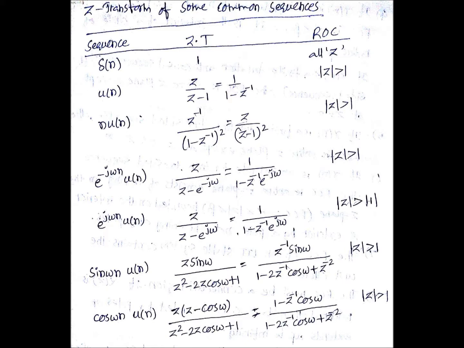That is, for sine omega n, it will be z sine omega by z square minus 2z cos omega plus 1, and for cos omega n, the numerator will be z into z minus cos omega, but the denominator is the same as sine omega n, that is z square minus 2z cos omega plus 1. Okay, that's it. These are the most commonly used sequences, Z transform and its ROC.